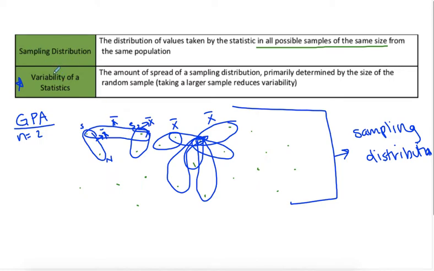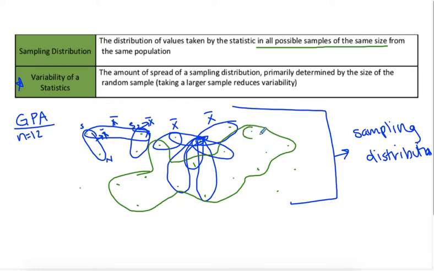And so when we start looking at the variability or the kind of difference in all our statistics, the amount of spread in a sampling distribution is determined by the size of the random sample. And so if I change this to a sample of 12, well, now I'm going to be looking at a lot less variability because if I got 12 in my sample, there's just not going to be as much variation inside of my 12.